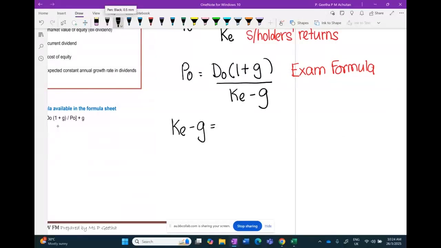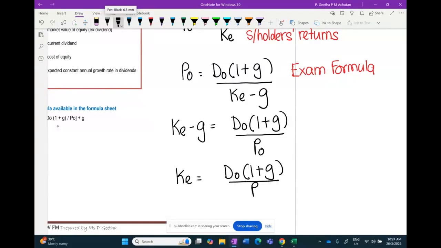KE minus G is equal to... Is it okay? So what is KE? The formula is already given. I'm just trying to show you how it came about.